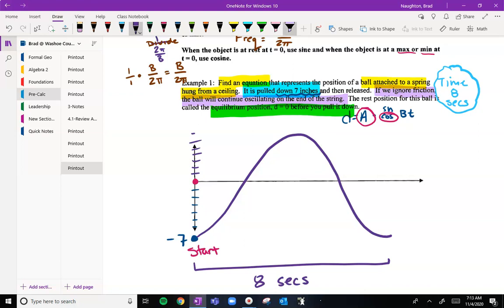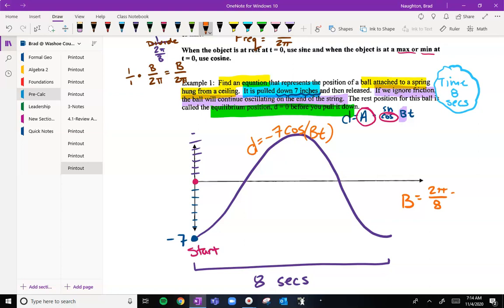So remember, it's not that I'm just going to put the t here. I'm going to use that t to help me find out what my b value is, so I can finally write this all together. Because right now as it stands, I have d is equal to -7 times the cosine of bt. So, ladies and gentlemen, we're going to take our b value, and that's going to be 2 pi over the time of the period. So the time of my period in this case is 8 seconds.